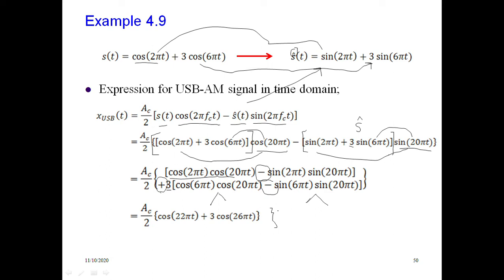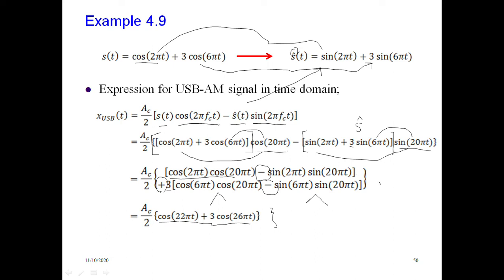That's why we are concerned about the Hilbert of that particular function. We want to overlap that particular signal with plus and minus, so now it becomes 0. Now what is left is only cos 22πt plus 3 cos 26πt.